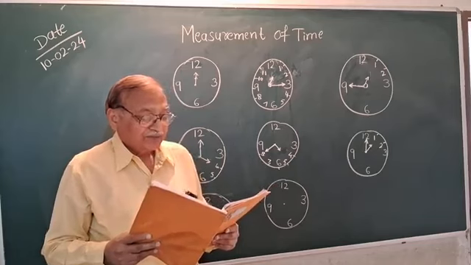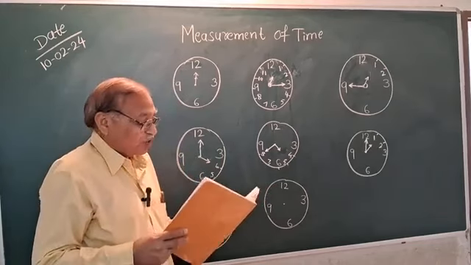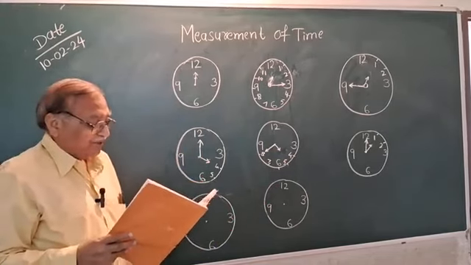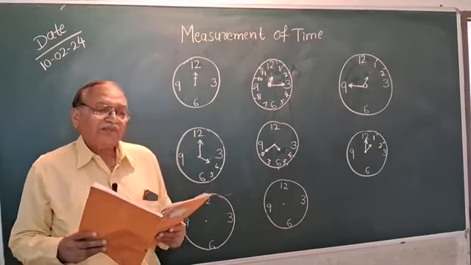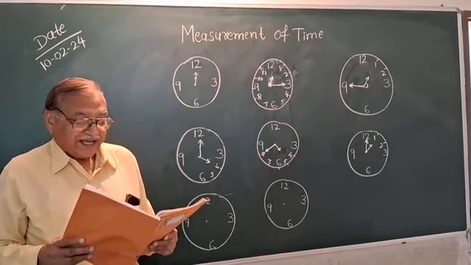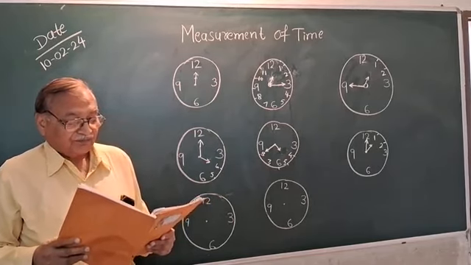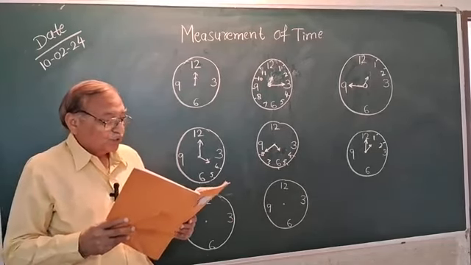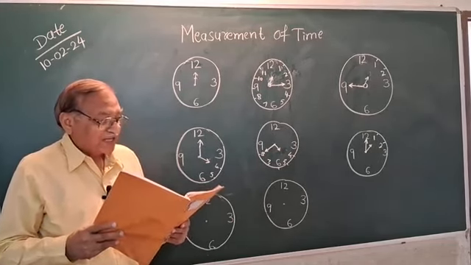That is why they are also called the hour hand and the minute hand. The long hand has reached 1. So it is 5 minutes past 12 o'clock.